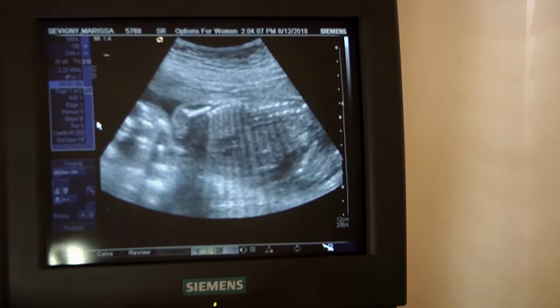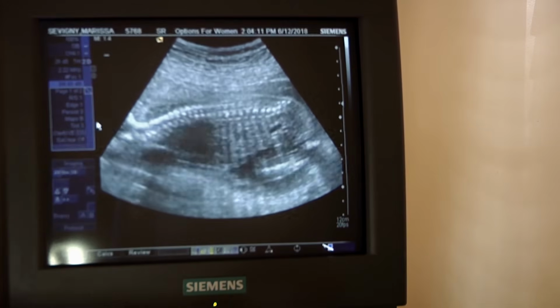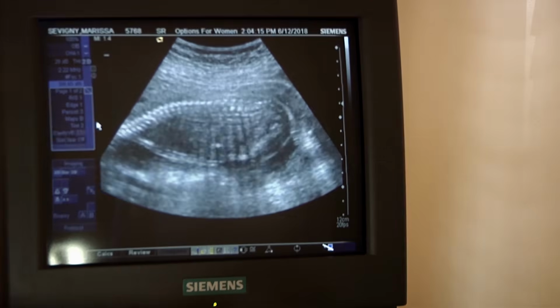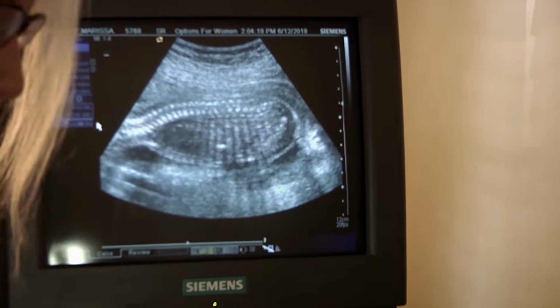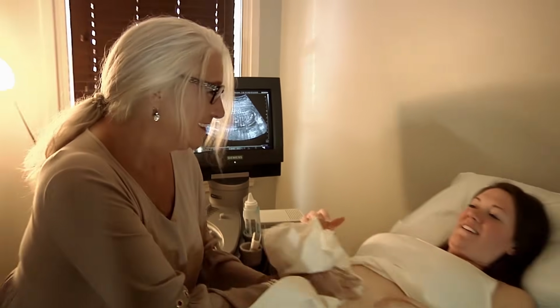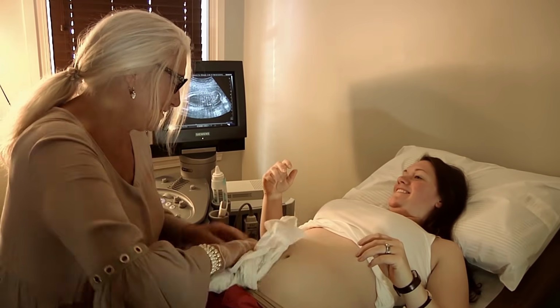And the ribs, the spine, butt. All right, well, thanks, Mom. You did good. Cute baby. And he's hiding his jewels from me again.